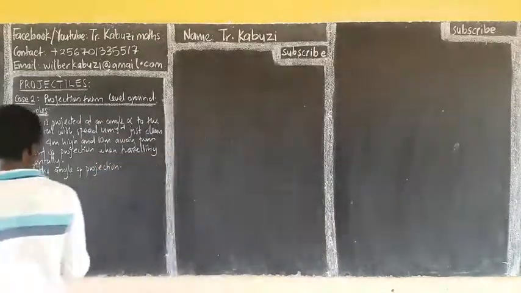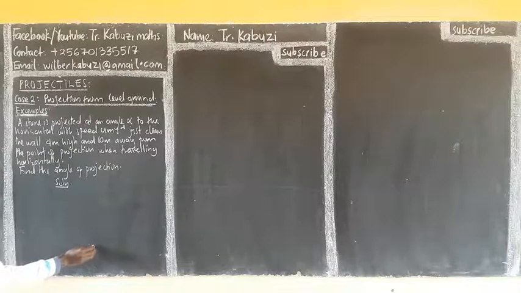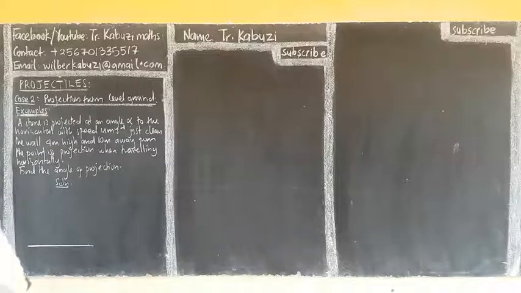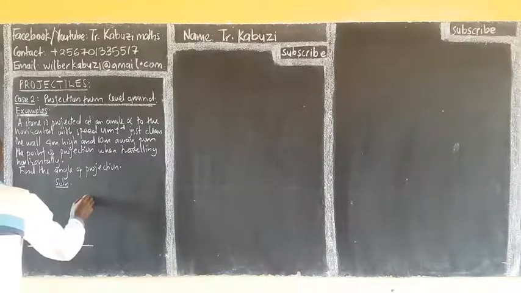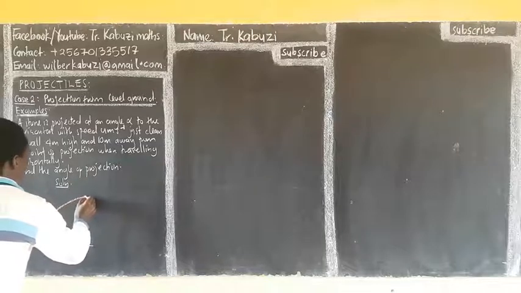We start by sketching that info. We have our horizontal ground there, and they are projecting a stone like this.